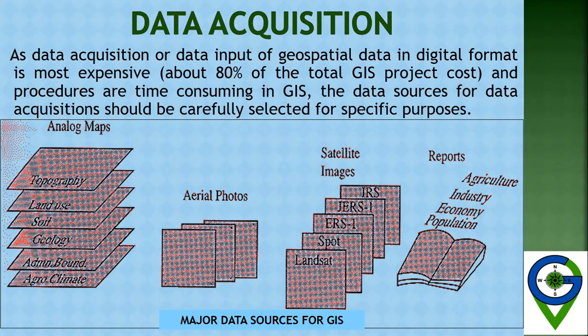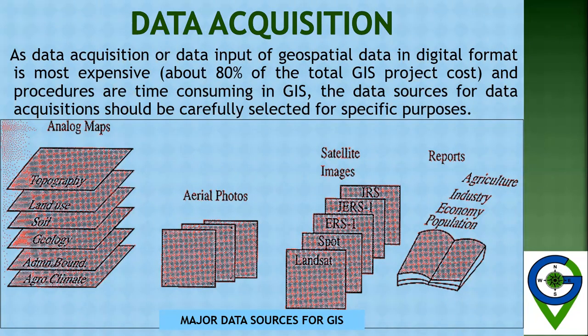Whatever data we input, we will get the result accordingly. Data acquisition or data input of geospatial data in digital format is most expensive: about 80% of the total cost of a GIS project is the cost of geospatial data, and the procedures are time consuming. The data sources for data acquisition should be carefully selected for specific purposes.